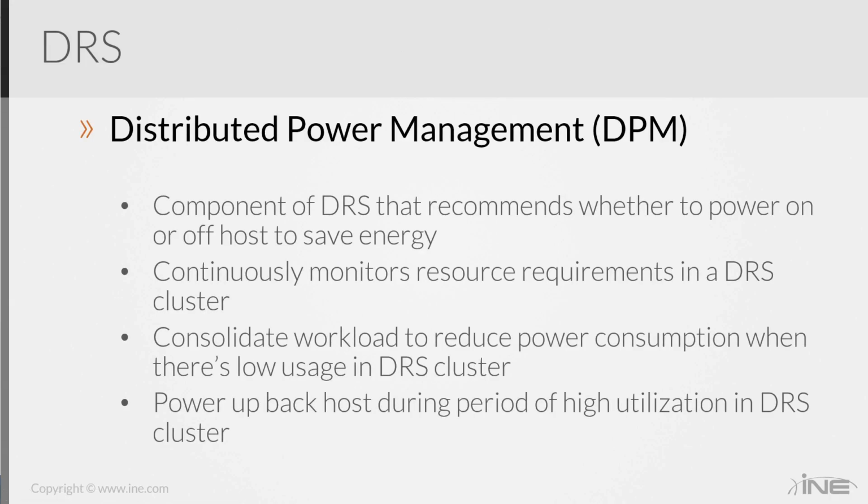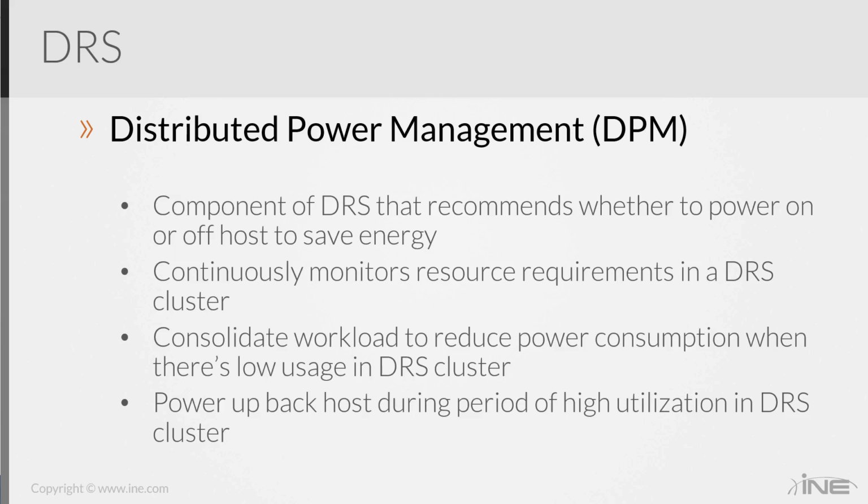So next we have distributed power management. The DPM settings are configured around the same time as DRS. It's in the same window there once we're configuring this. So the distributed power management, or DPM feature, optimizes power consumption of hosts within our cluster.